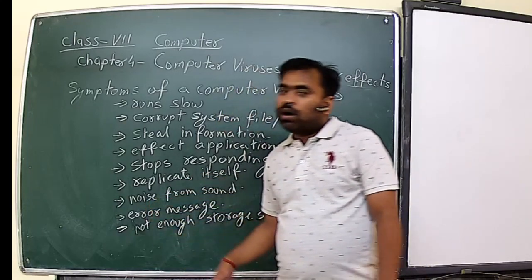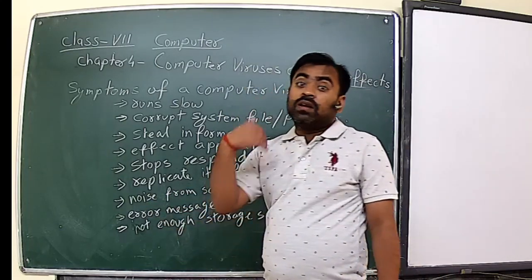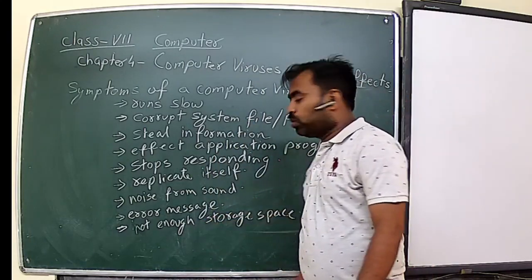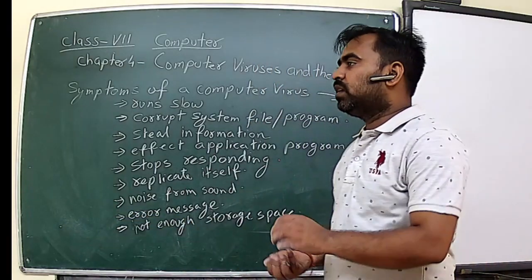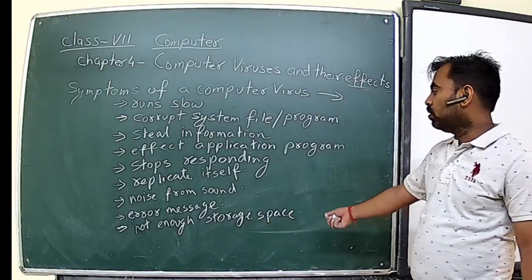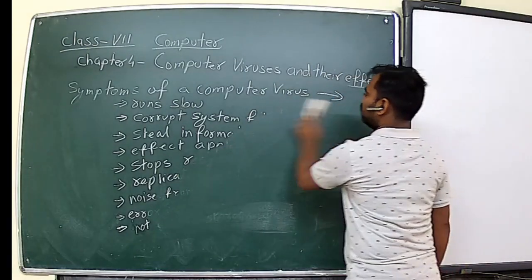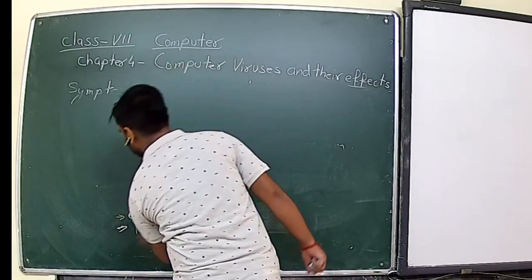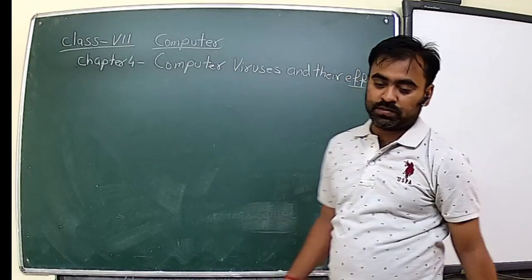Sometimes you get unusual noise or beeping sound, and it may display error messages and not enough storage space on your hard disk. So these are the symptoms when the system gets affected.